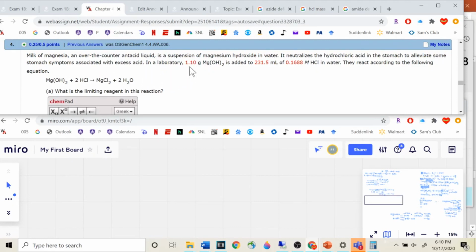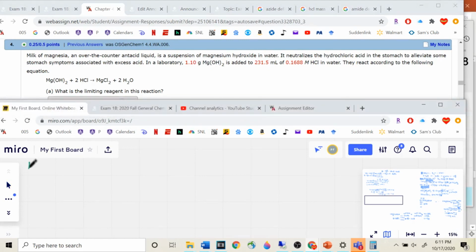We know the quantity in grams for magnesium hydroxide, 1.10 grams.